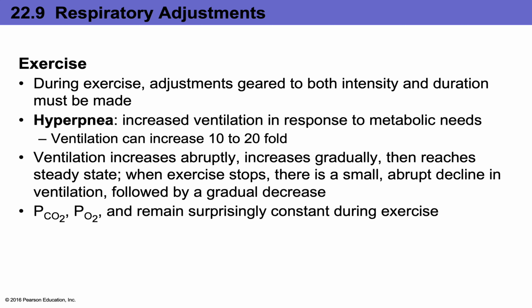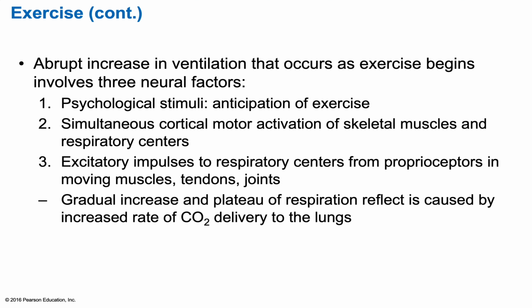In fact, carbon dioxide may even fall slightly below normal, and oxygen may rise slightly above, because the respiratory adjustments are so efficient. The most widely accepted explanation for the abrupt increase in ventilation that occurs as exercise begins reflects the interaction of three neural factors. First, it's the psychological stimuli, our conscious anticipation of the exercise.